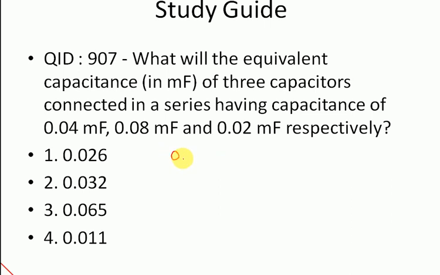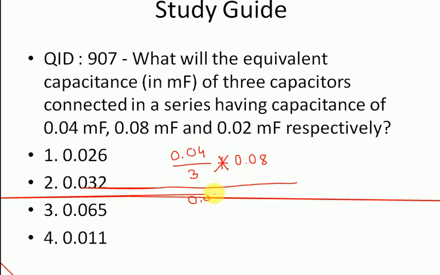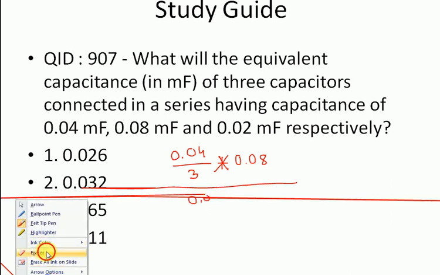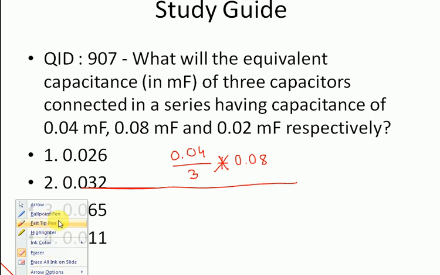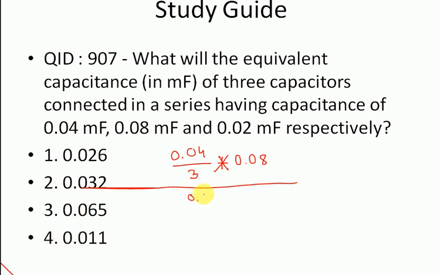So 0.04 by 3. I am using my digital pen, and this digital pen is not as fast as our ballpoint pen, so I have to take some time to solve it.